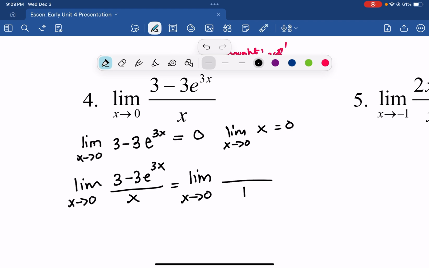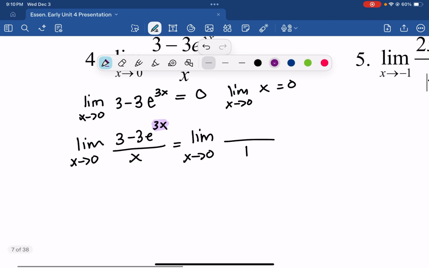Numerator, I have 3 minus 3e to the 3x. Okay. So the 3 out front, that's all by itself, no variables. That's a constant. Its derivative is 0. Okay. So then I'm going to have a negative 3e to the 3x. So we're looking at, well, this is really a chain rule, okay, because I've got this e to the 3x. Okay. So I'm going to use my purple and show what we're doing here, right?